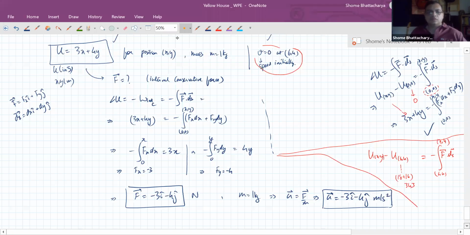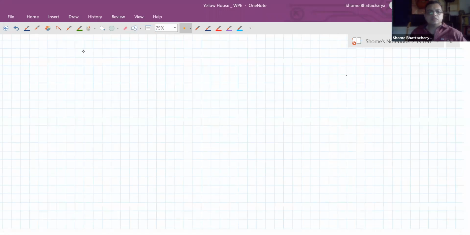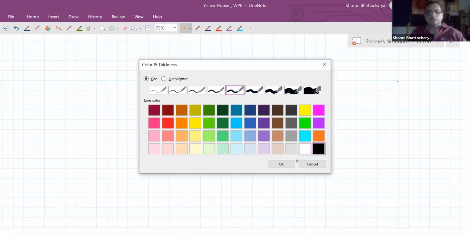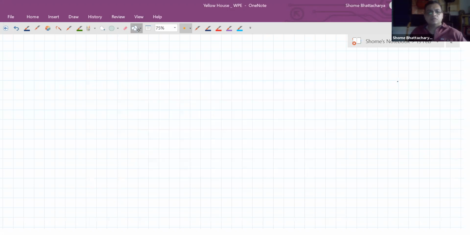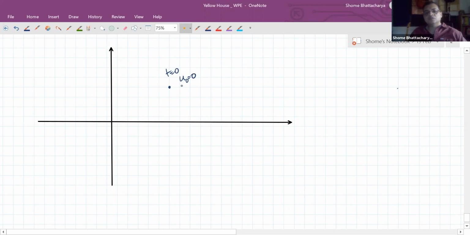So now let's understand this thing, that in your coordinate frame, the particle starts from rest from a point which is 6 comma 4. So the particle starts from rest somewhere here. At t equal to 0, its initial speed is 0 at the coordinate 6 comma 4.